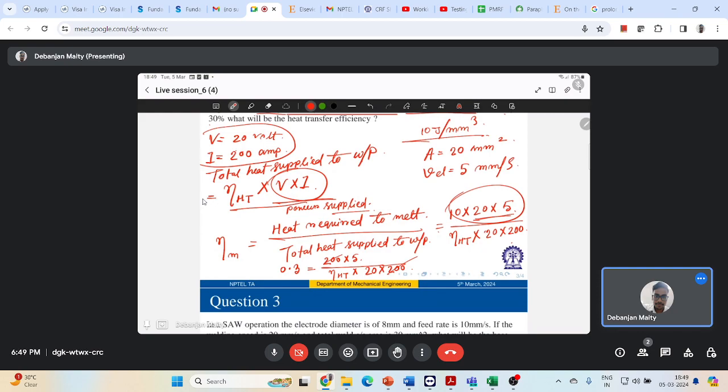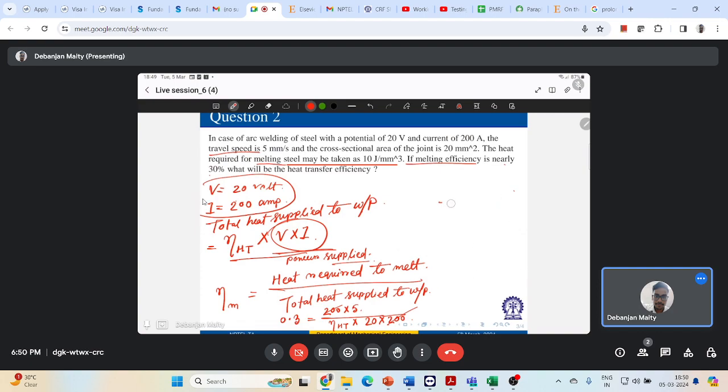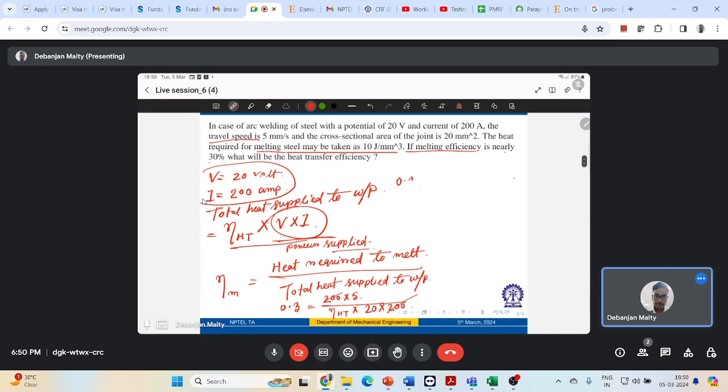So this will be 0.3 into heat transfer efficiency is equal to 0.25. So my heat transfer efficiency will be coming around 0.83. So 83% will be my heat transfer efficiency, right?